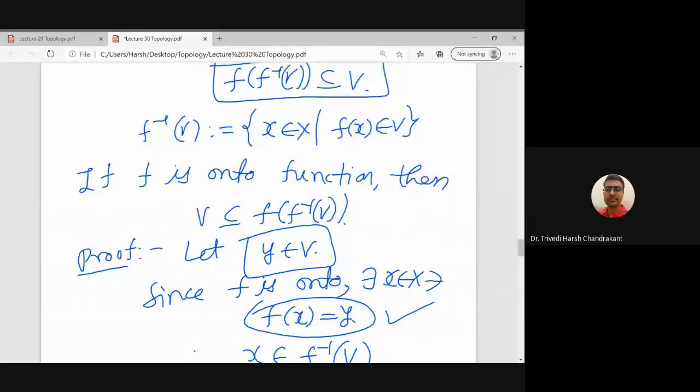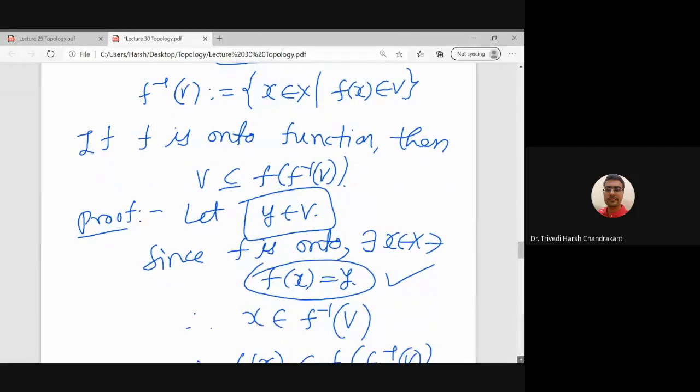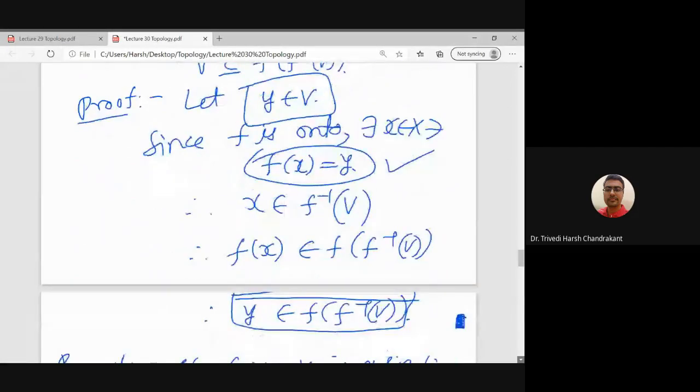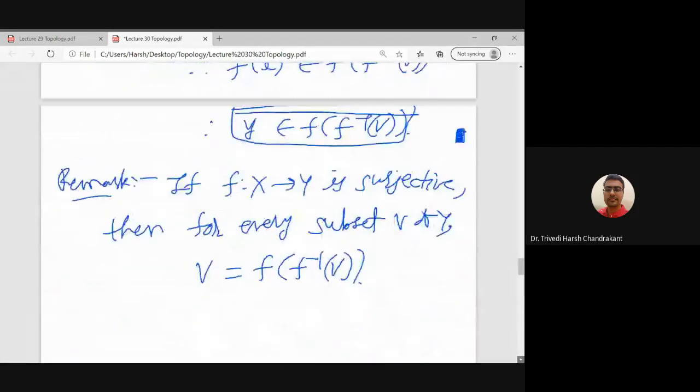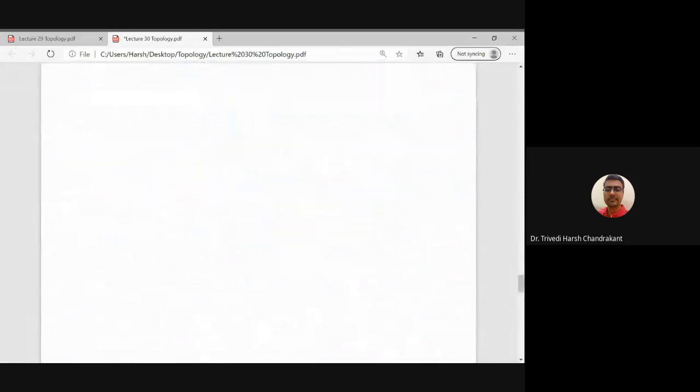In that case, one of the sets will be the null set, so that we can verify easily. So this property we will use in one or two simple results which we derive today.